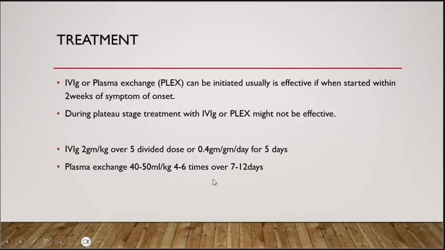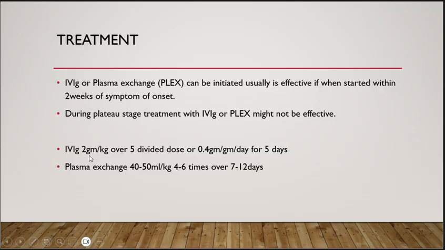The treatment is usually IV immunoglobulins and plasma exchange. Both have been said in various studies to be effective, but when the time of presentation is less than 2 weeks, IV immunoglobulins are better. But if the duration before initiating treatment is more than 3 weeks, then plasma exchange can be considered.